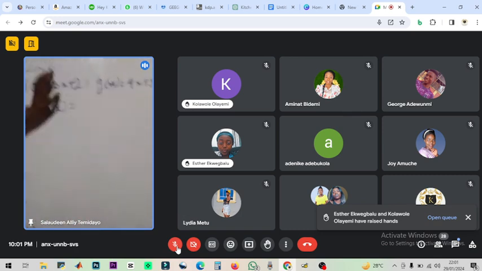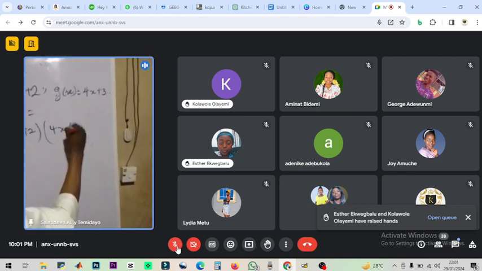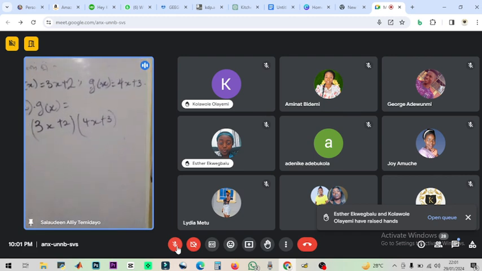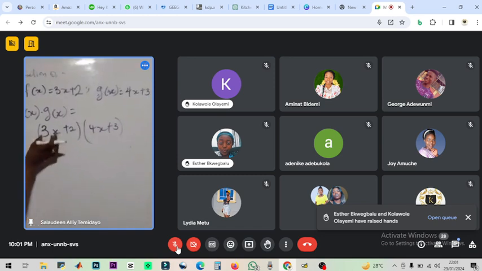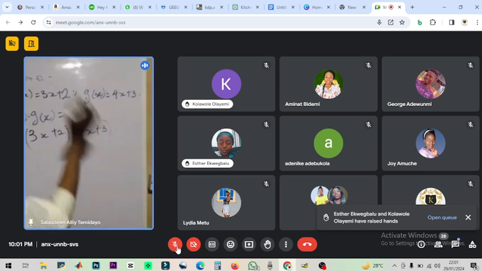3x plus 2 multiplied by 4x plus 3. They are only expanding brackets. Everyone listen, it is too simple. This is how you expand the bracket. Take the element here, use it to multiply everything here. Take the element here, use it to multiply everything here.